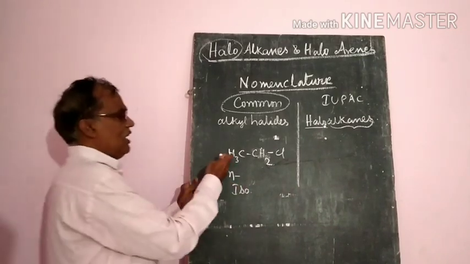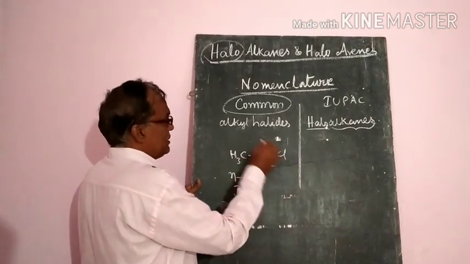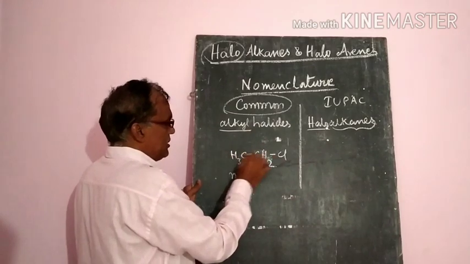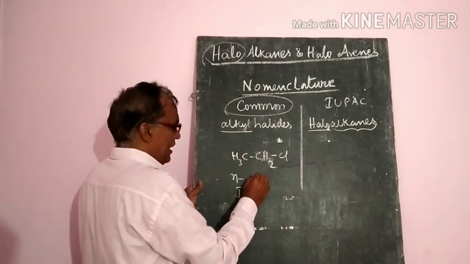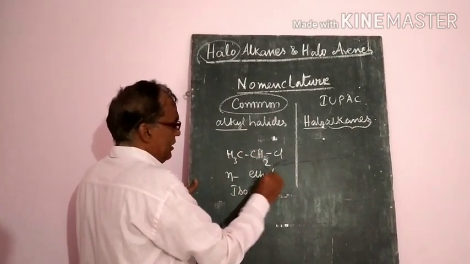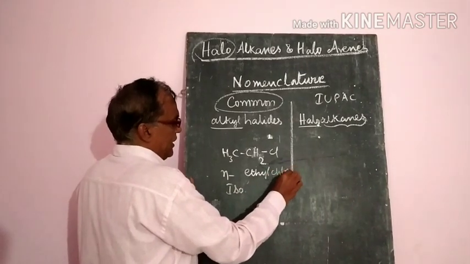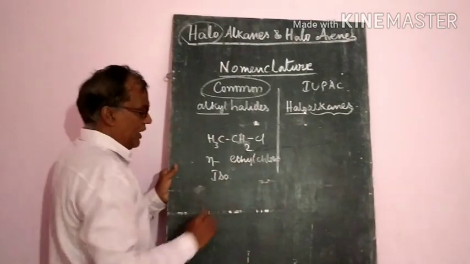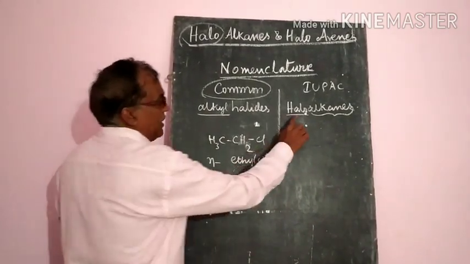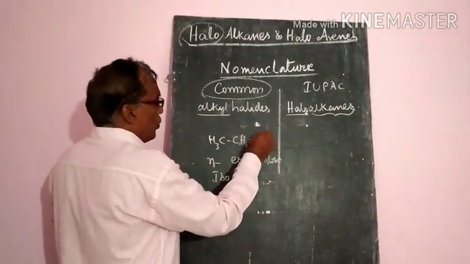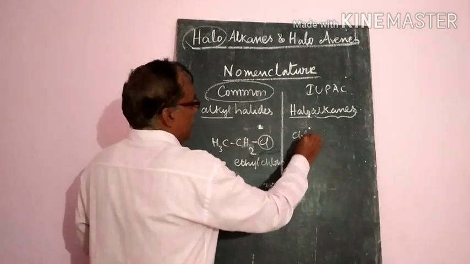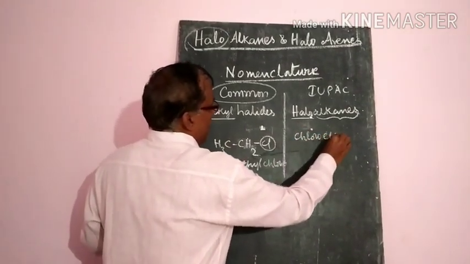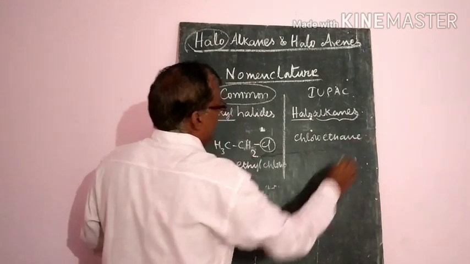This is the normal chain. What is the alkyl name? Two carbon atoms means ethyl. So ethyl chloride, that is the common name we give, normal ethyl chloride. Similarly, in the IUPAC name, it is given as chloroethane.